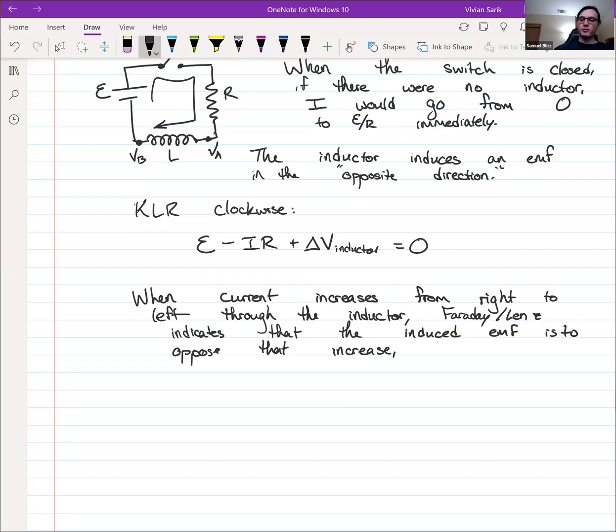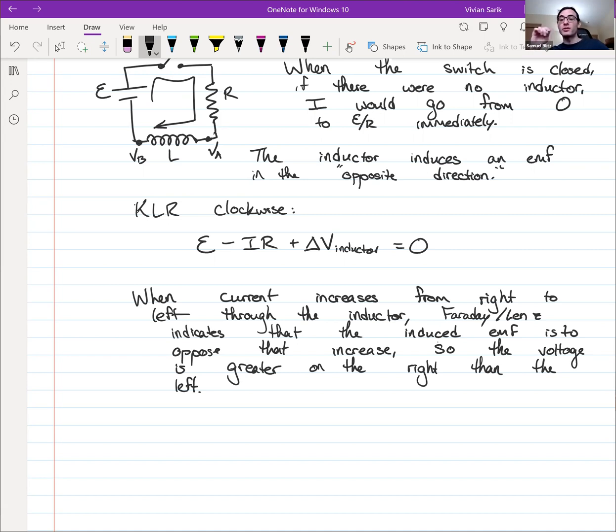So the voltage is greater on the right than on the left. And that's because if you let that inductor have higher voltage on the right than the left, then that means current would flow counterclockwise rather than clockwise.